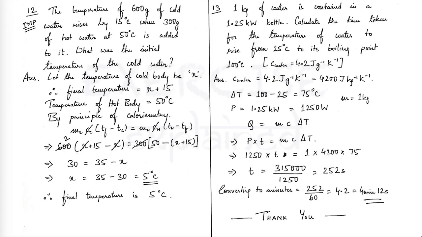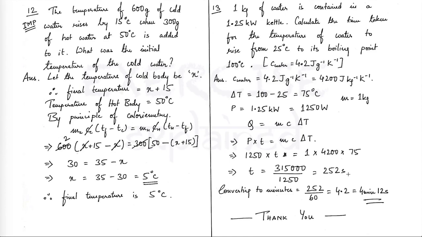So I multiply 4200 into 75, it gives me 3,15,000, and this 1250 comes to the denominator. After doing the calculation, I get the time to be 252 seconds.